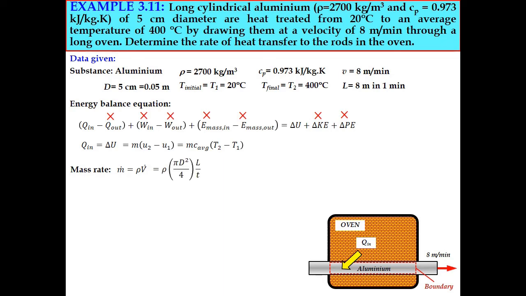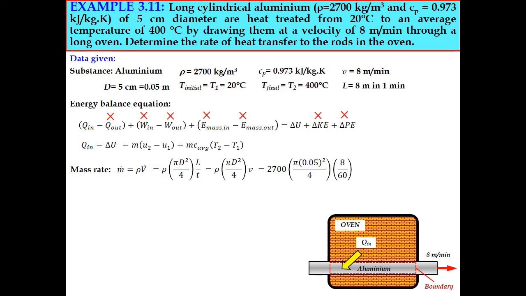If we refer to the diameter of the rod, we can determine the volume, where the volume for the rod is pi d squared divided by 4, and now involving rate, we need to multiply with L over t. So we have m dot equal to rho multiplied by pi d squared divided by 4 multiplied by V, the velocity involved in this system.